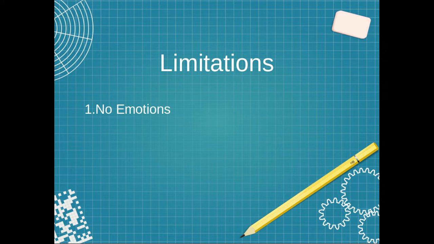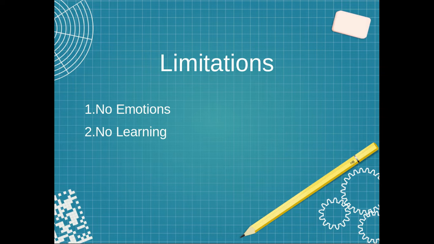The first limitation is computer has no emotions or feelings. So though computer can perform our task very effectively, it doesn't have any emotions. You can give instructions to the computer to perform some task, but you cannot instruct the computer to emote.